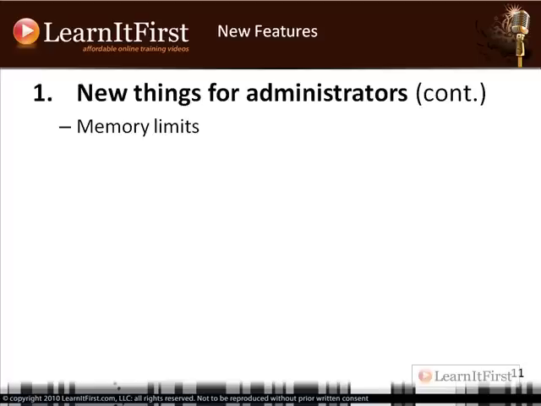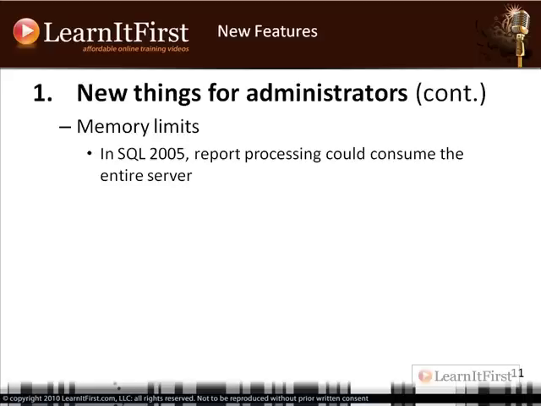And also here in 2008 are memory limits. The problem in SQL 2005 was that if you were dealing with some particularly difficult reports to create, or you were getting hit with a lot of report creation, then your spikes would shoot the memory through the roof, and that could cause problems on the box.